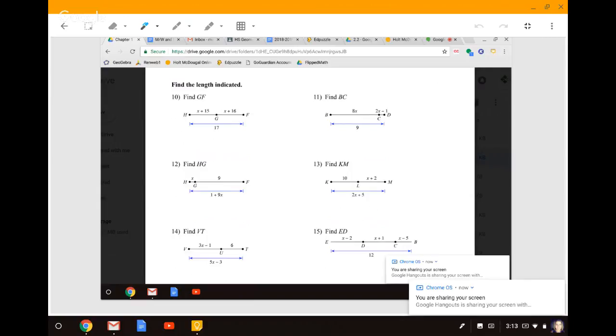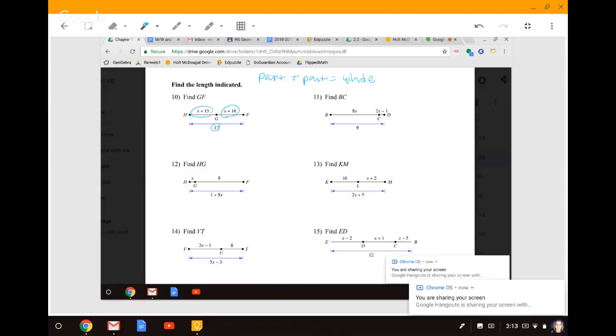And remember with your segment addition postulate, the part plus the part equals the whole, right? Yes. Sorry, I'm writing on my screen and my handwriting is horrible on here. It's all good. So that will say that this part plus this part will equal your whole, okay? Okay. So that's what you're going to do.